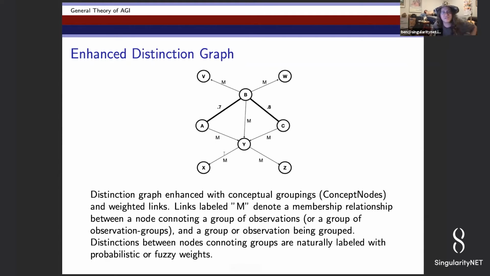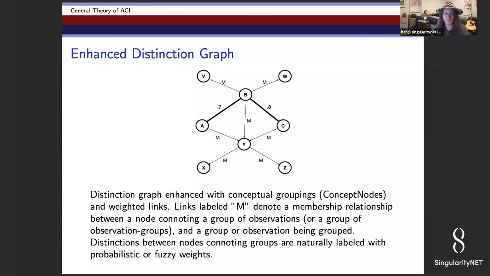So you can then layer partitions on top of the distinction graph, right? You can say, well, let's make a concept node which groups only certain nodes in the distinction graph. And you can make a member link between the node symbolizing the concept node or the partition element and the nodes that are its members. Then you can make fuzzy distinction links between these concept nodes and say, well, if they're totally disjoint, then that's one thing, but they may somewhat overlap.